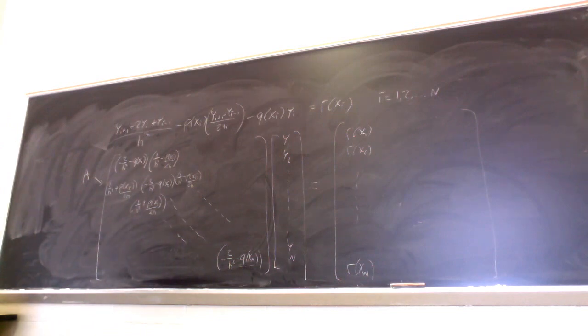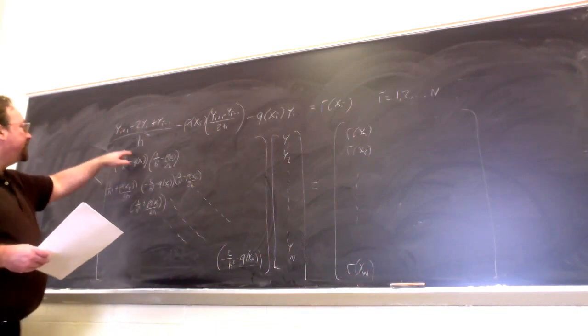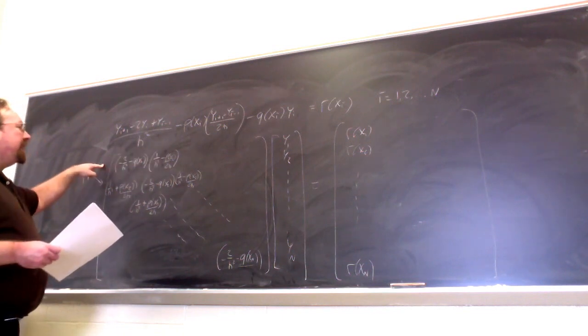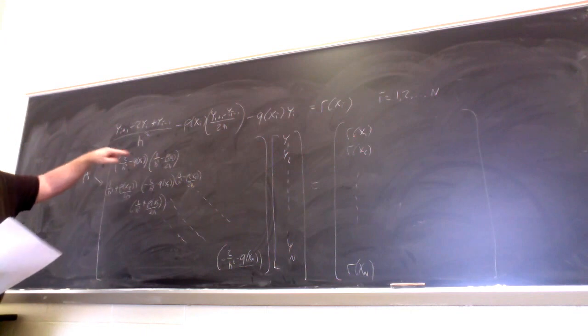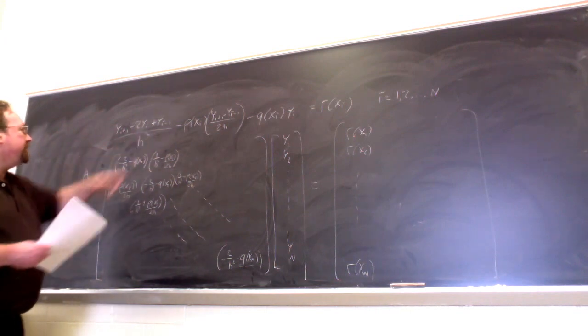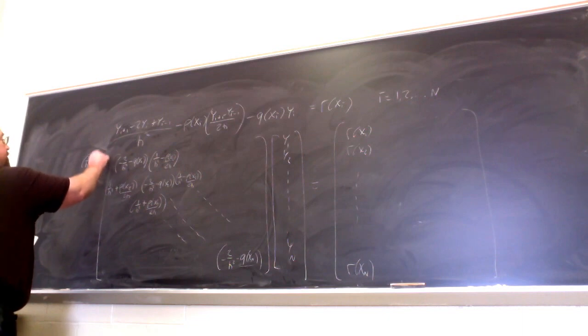Now, if we look at the first equation, this accounts for yi. This accounts for yi plus 1. Yi minus 1 is y0. It's gone off the edge. So the term that I would have, which would be 1 over h squared plus p of x1 over 2h times y0, cannot be here.